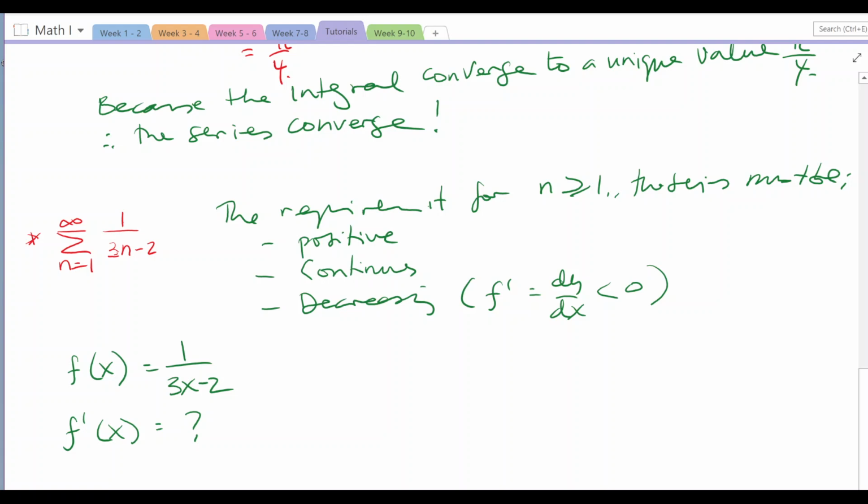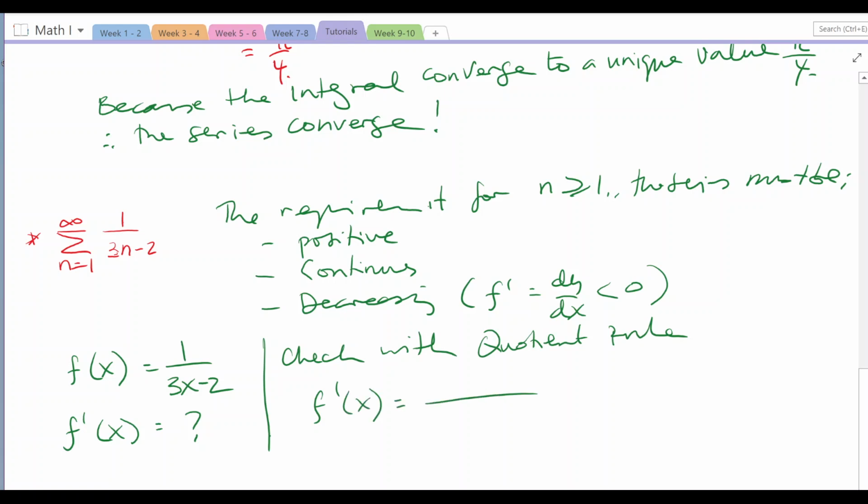Again here we're going to use the quotient rule. f'(x) equals v times du/dx minus u times dv/dx, over v squared.